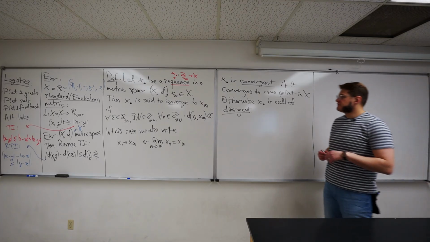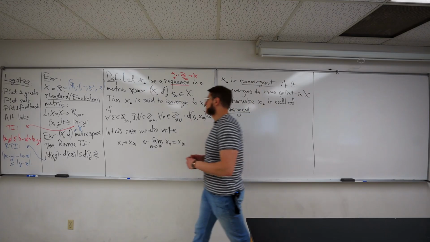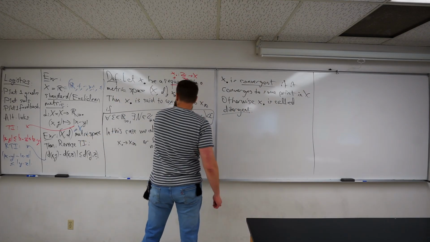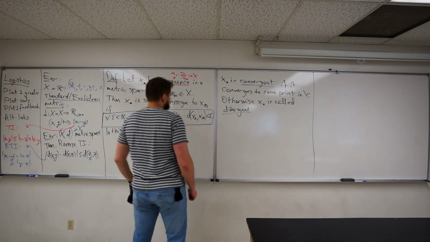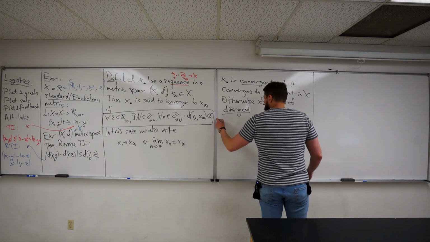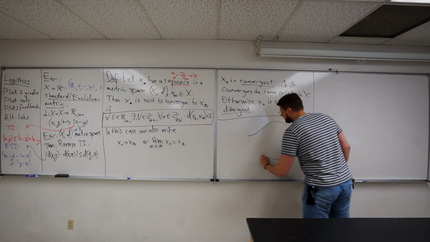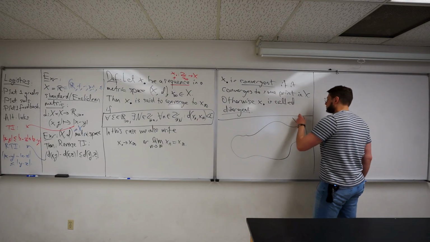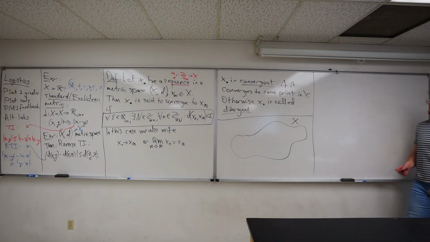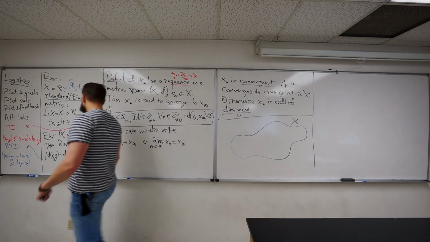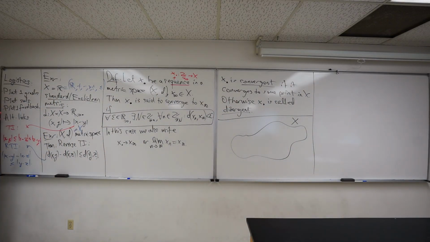So here's the heuristic as to why this is the right thing to look into. Here's my metric space. I'm going to draw it as a blob. You can think of it as the reals, as a subset of reals, whatever. Somehow, for me, trying to visualize what is happening in one dimension is harder.